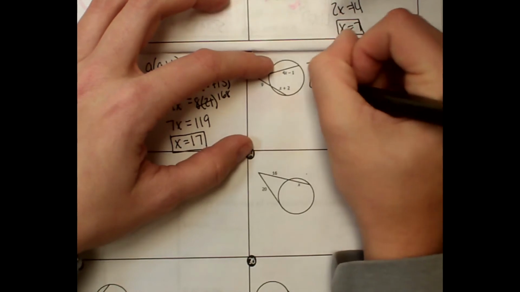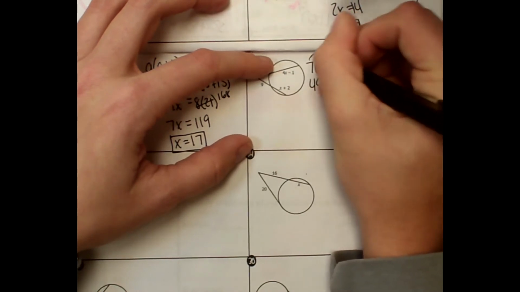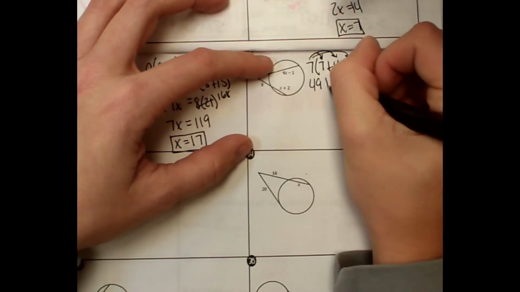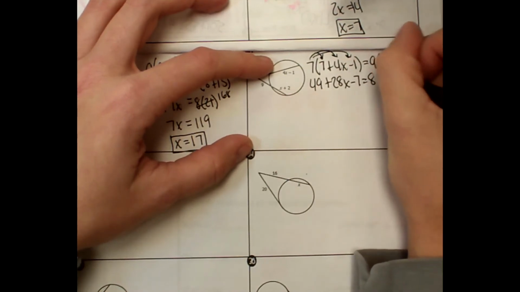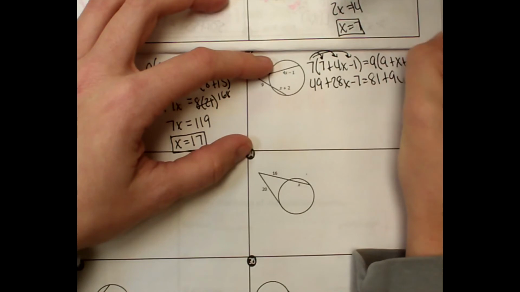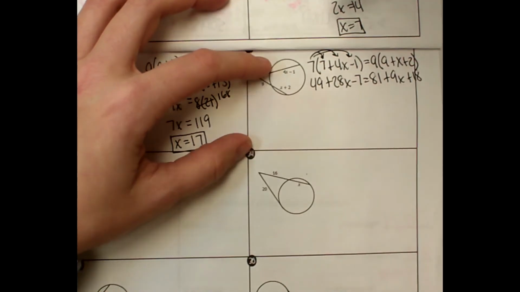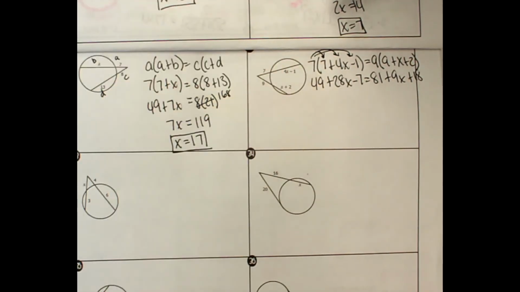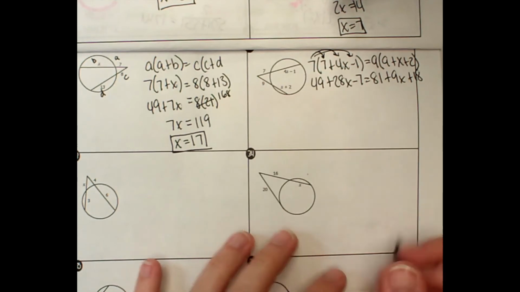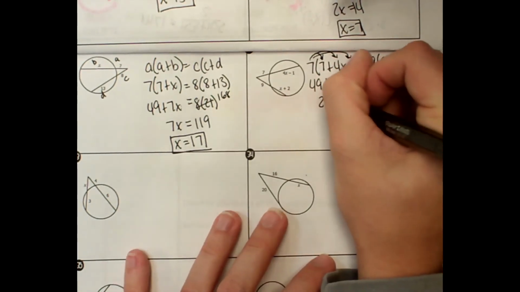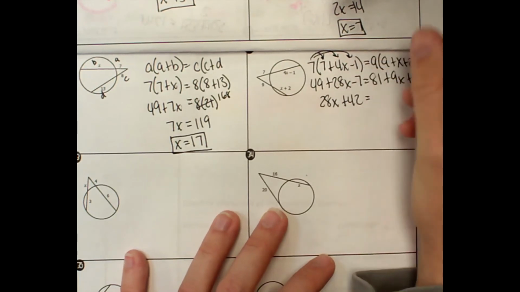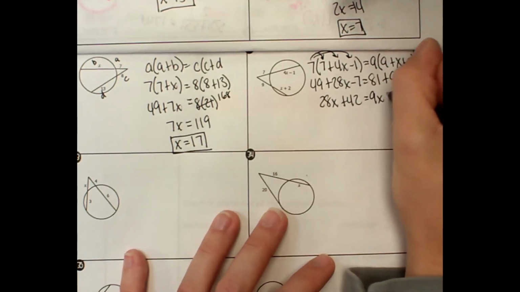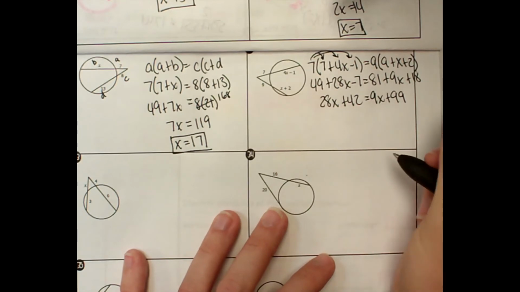So 7 times 7 would be 49, because you have to distribute it to everything inside. So we have plus 28x minus 7 is equal to 81 plus 9x plus 18. If you combine your like terms, over here you end up with 28x plus 42 is equal to 9x plus 99.